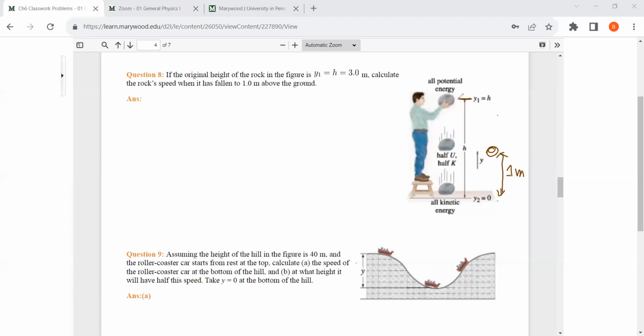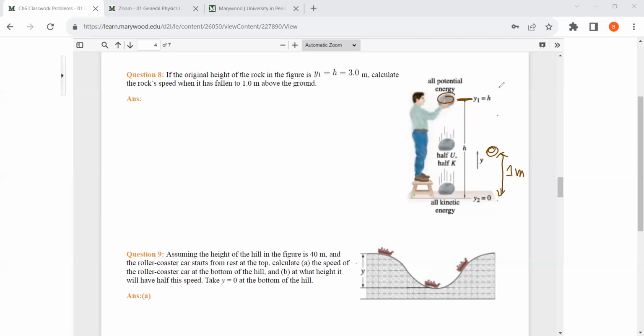So at this point, what energy do we have? We have to understand what energy this stone has at this position. Because the person is holding this rock, it will not have kinetic energy.